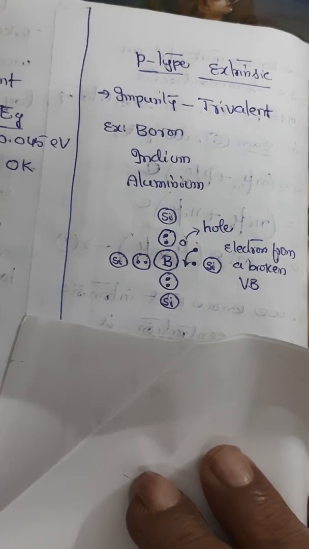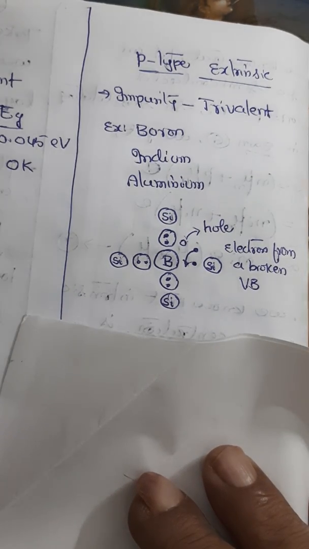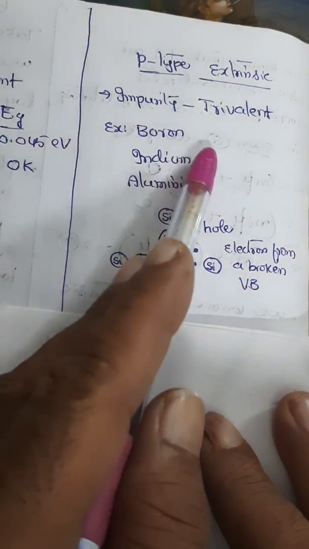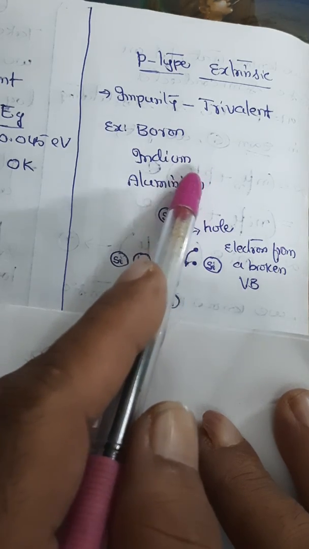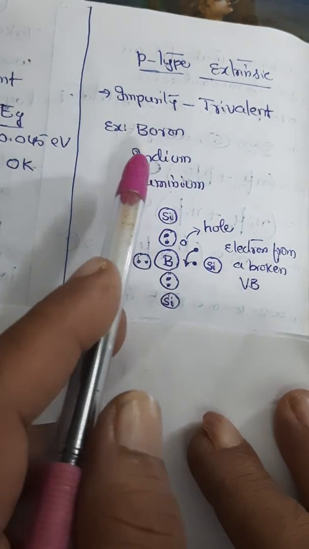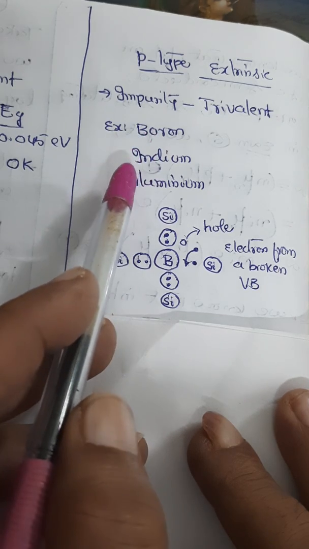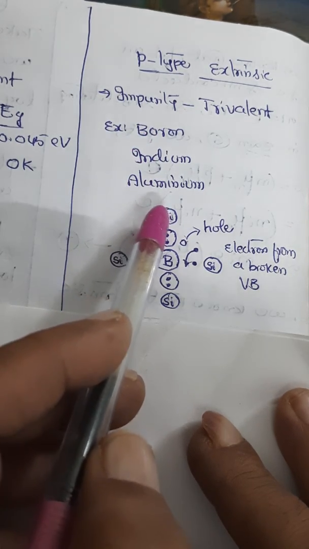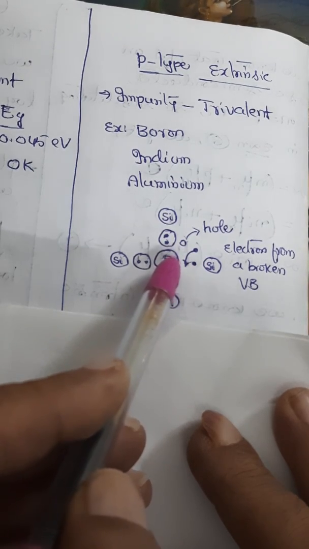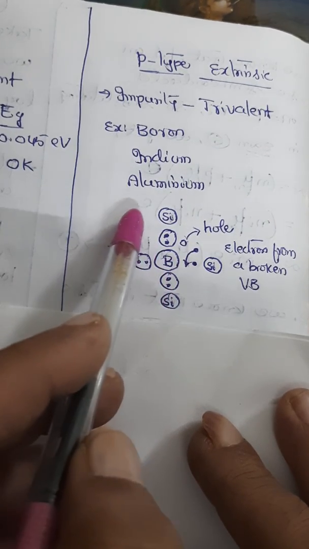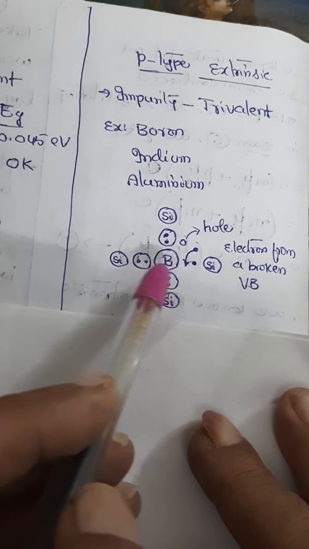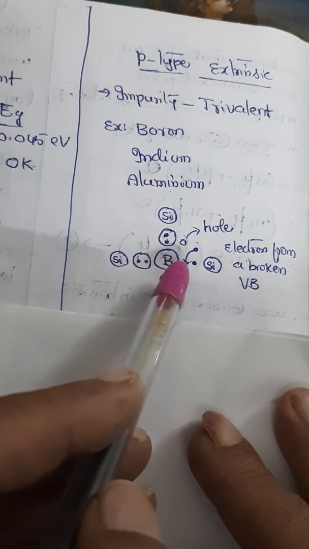Now let us look at P-type extrinsic semiconductor, that is positive type. When you add a small amount of trivalent impurity, that is valency 3, like boron or indium or aluminium, to a pure silicon crystal, the boron settles at one of the silicon atom positions.